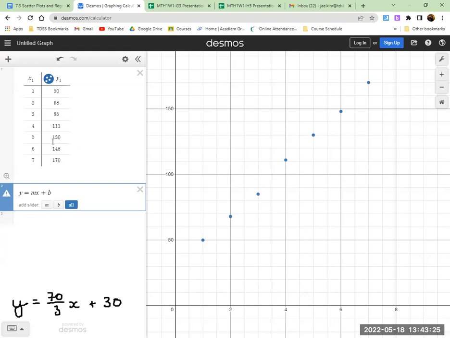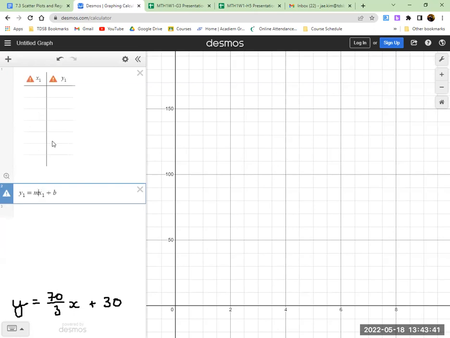So you tell the computer, my y is actually y1. X is actually x1. And you don't say it's equal. You say it's around x1 equals y1.